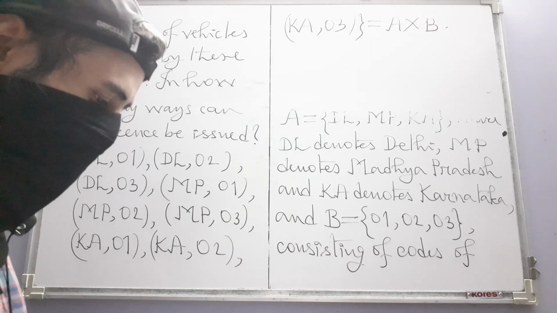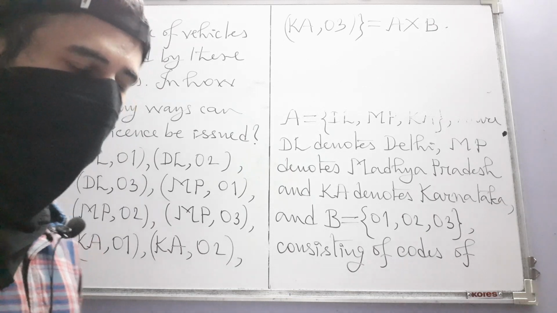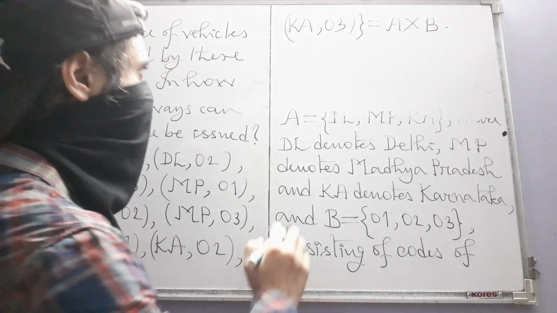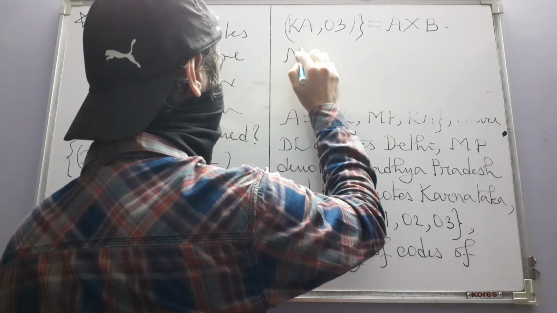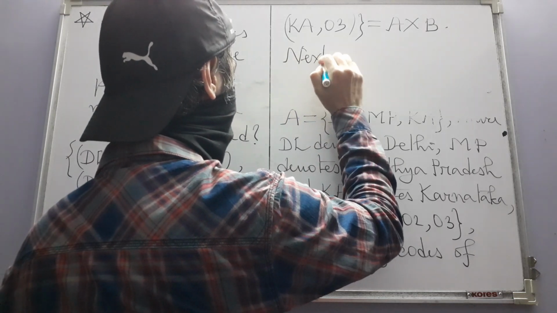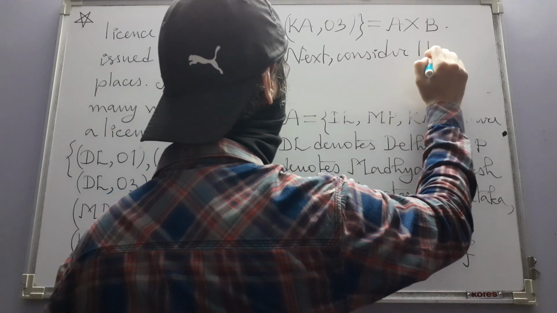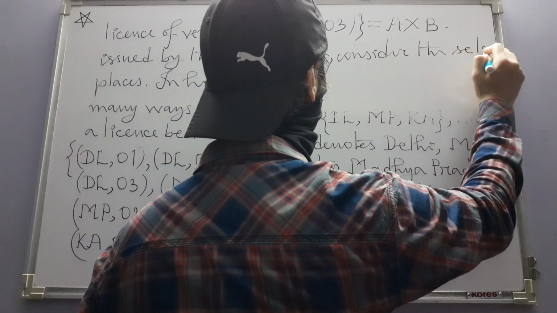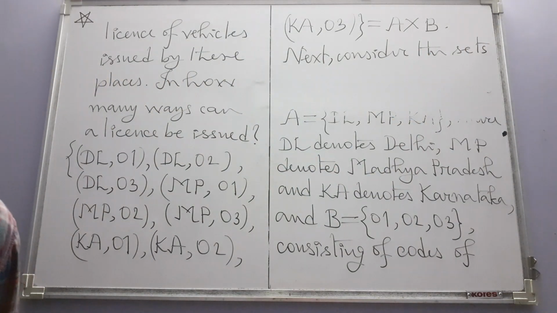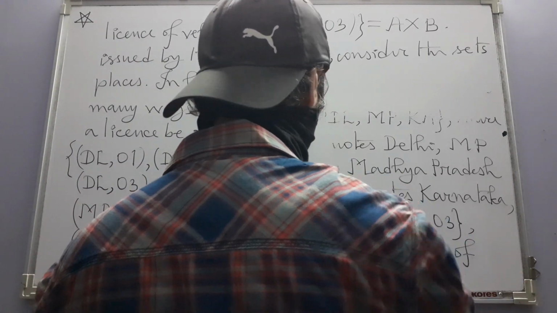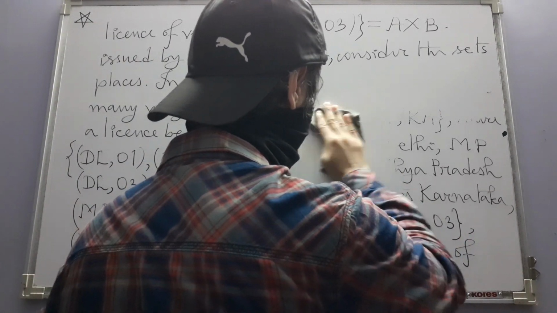And let us take another example which is somewhat abstract. Abstract means here A and B are just some sets. Next, consider the sets. So this third example is not going to talk about anything from the real world.